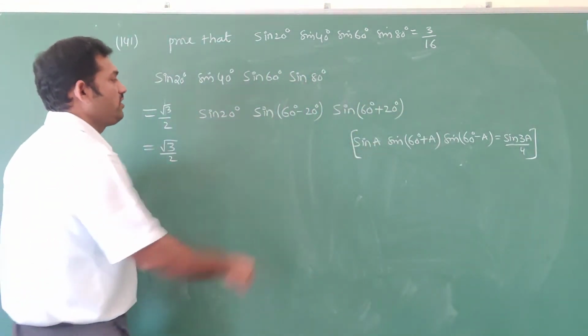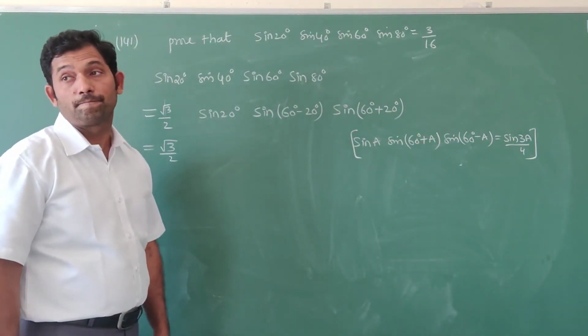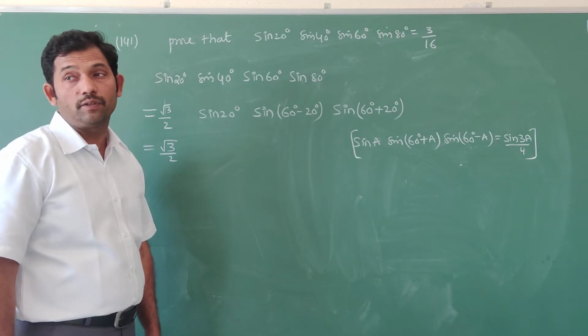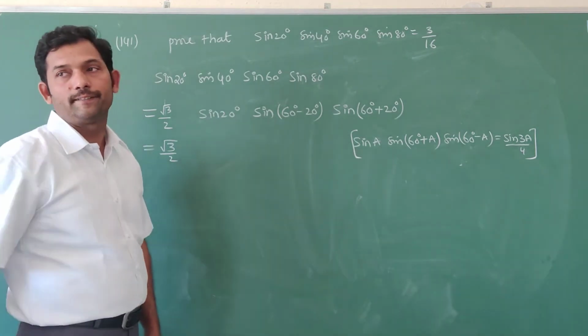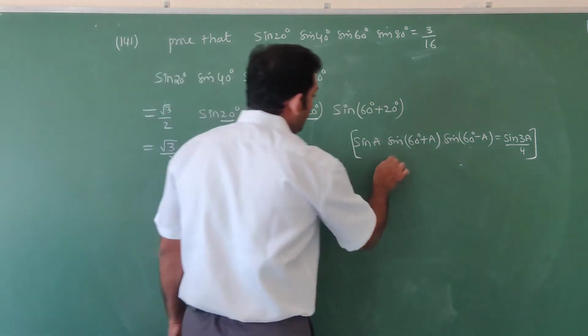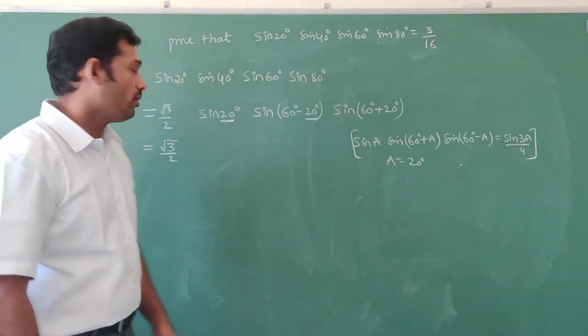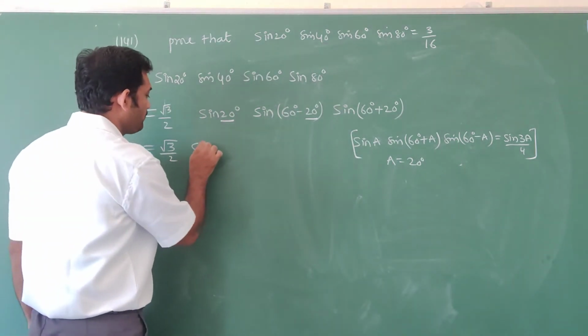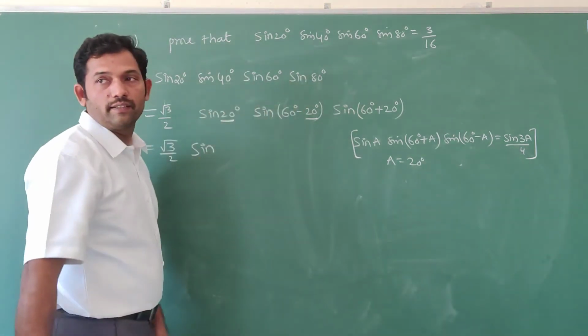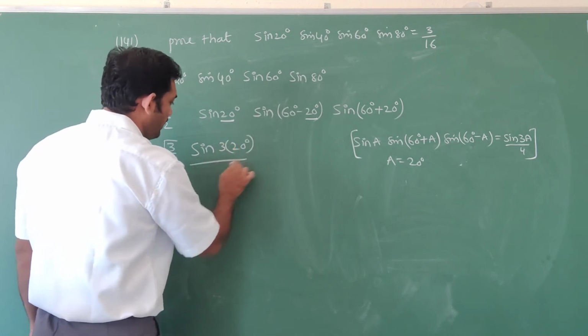So here 60 plus, 60 minus is there. A is equal to what? A is equal to 20 degrees in this problem. So sin 3A, 3 times the A value 20 degrees, divided by 4.